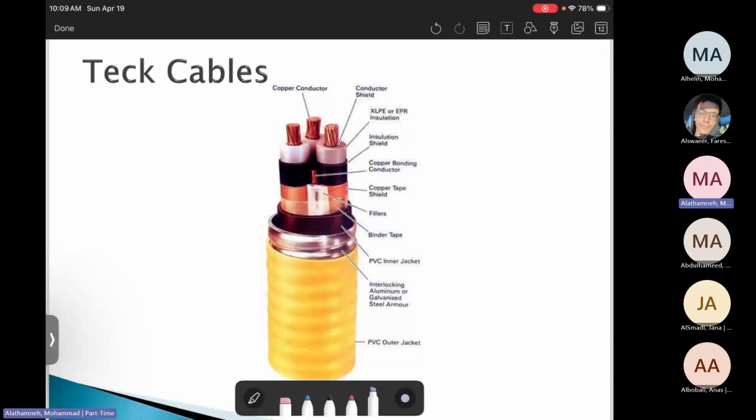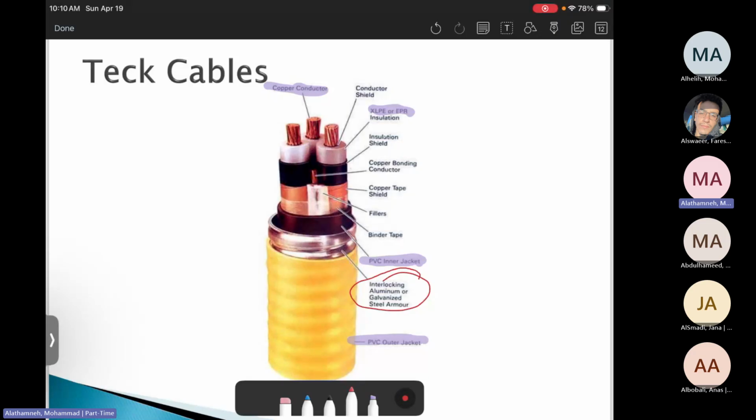Here in this picture it is a copper conductor, with XLPE or EPR insulation. Then there is an inner PVC jacket and an outer PVC jacket, and the aluminum interlock armor protection is here.